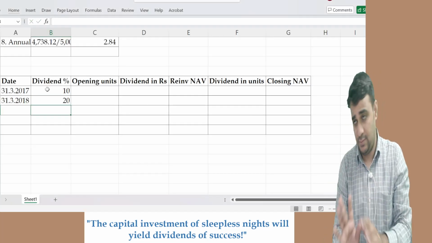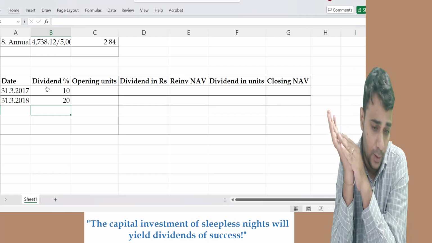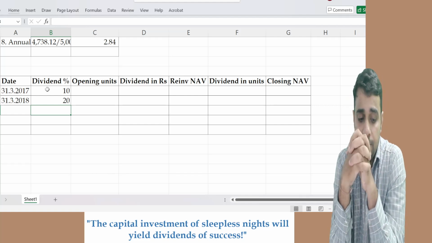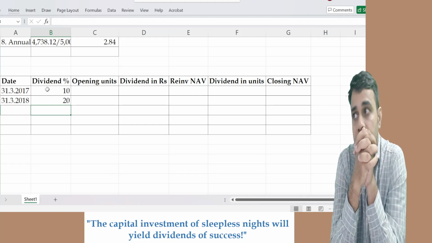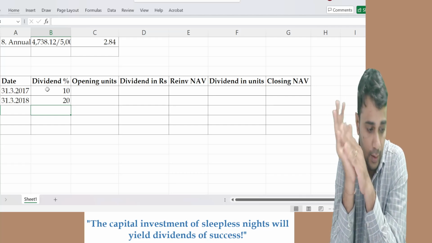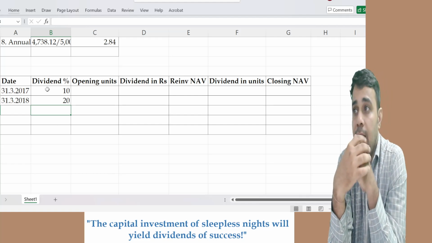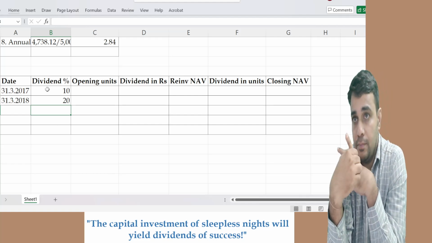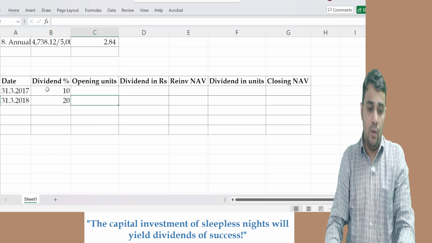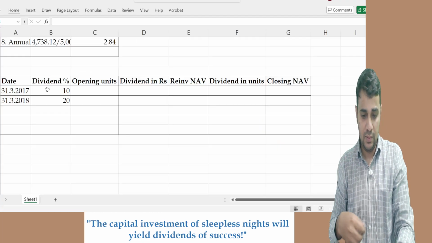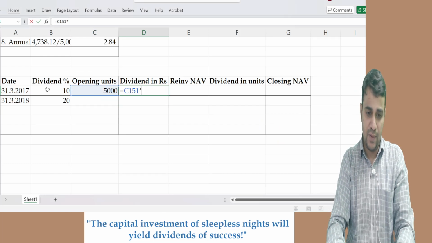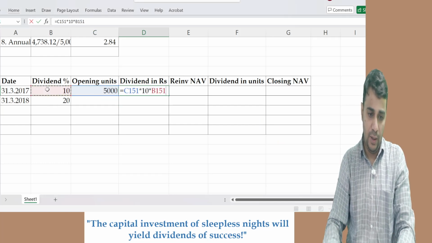Okay, only 2 dates. 10% and 20% dividend got paid. Clear? What is the opening units we start with? 5,000. What is the face value? 10 into 10%.